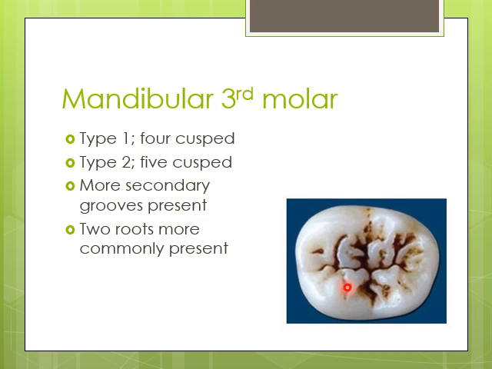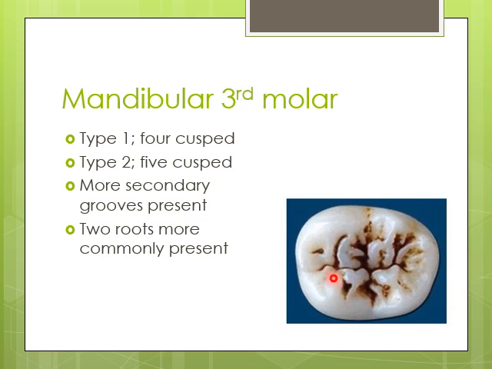Sometimes it is difficult to differentiate them from the primary grooves. There are two roots commonly present. Sometimes they are fused together, and they are deflected towards the distal direction.